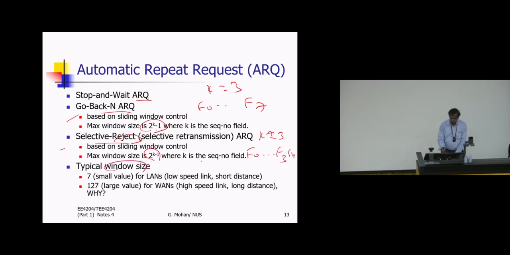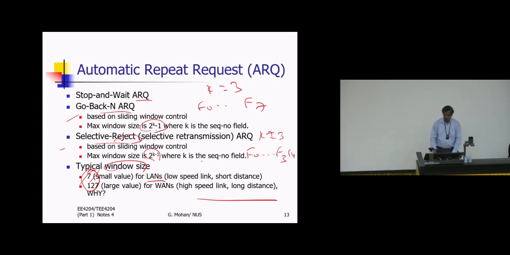What should be the window size? Forget about these numbers, because sometimes these numbers given in the book may be based on old data. Let's say you have a short link and a long link. How should the window size be chosen?